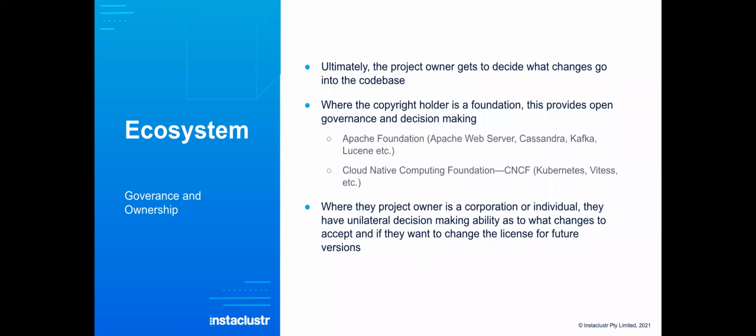And so they have a defined governance framework, a defined decision making process that makes sure that all of the stakeholders in the open source software get to influence those decisions, and aim to prevent a single party taking over the project and driving it in a direction for their own commercial benefit. So where you've got an open governance over a piece of software, you can have confidence that it's going to evolve in a way that considers the range of users of that software.